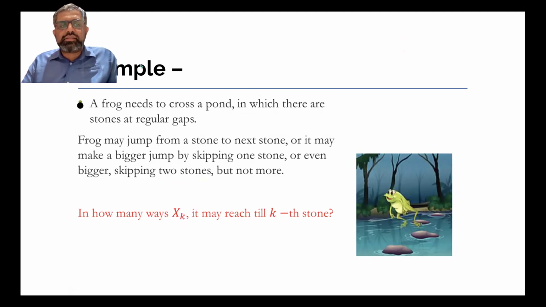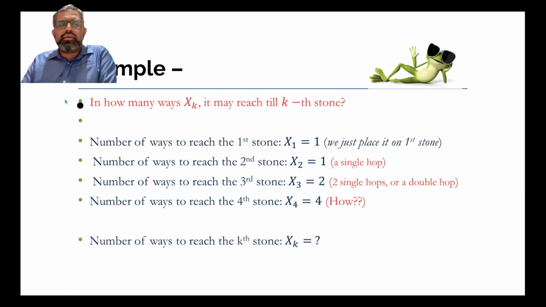x1 is equal to the number of ways to reach the first stone. There's only one way to reach the first stone, that somehow it reached. For example, we just place it on the first stone. Let me draw the stones over here. This is stone number 1. So we put the frog.